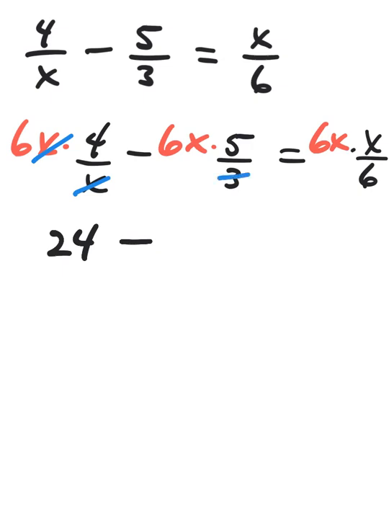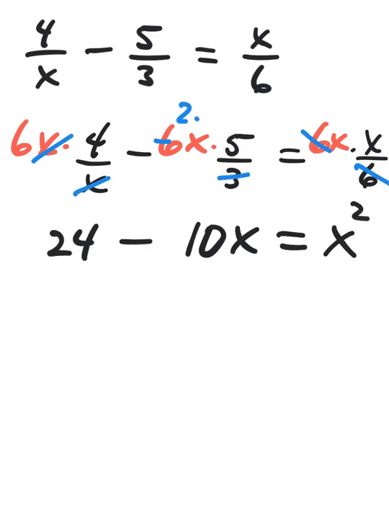In the second group, 3 goes into 6 twice. 2 times x times 5, that's 10x. And then over here on the far right side, your 6's cancel completely, leaving x times x, which is x squared.